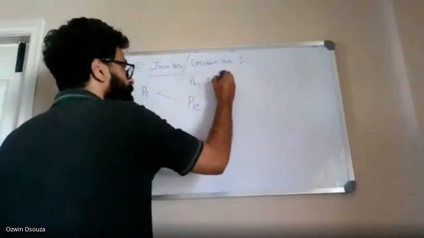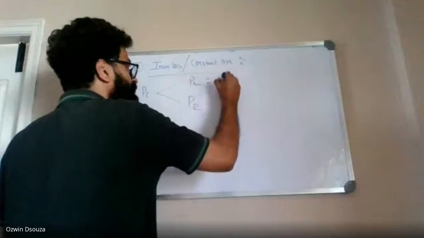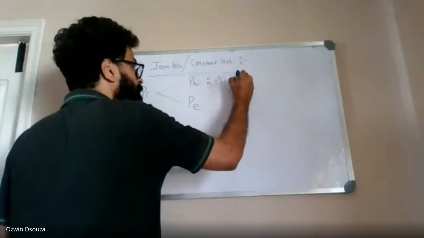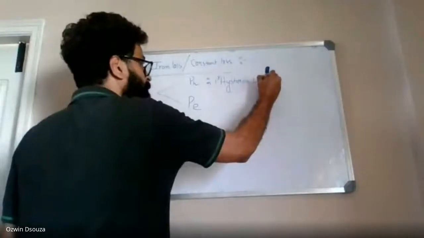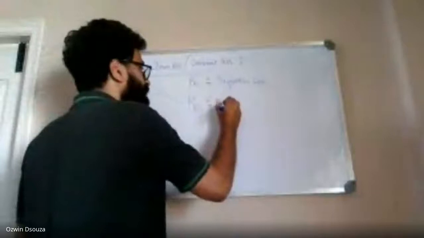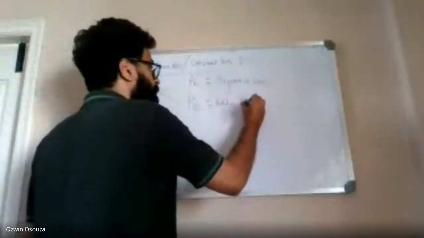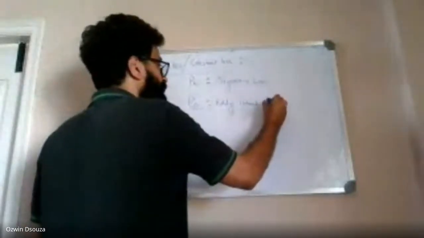PH is hysteresis loss, and PE is your eddy current loss.